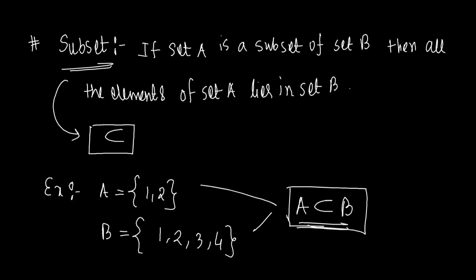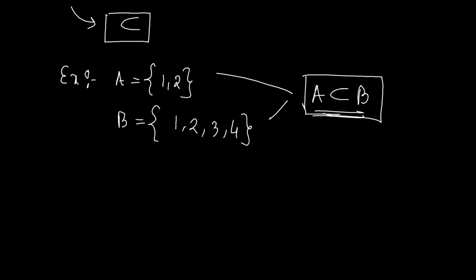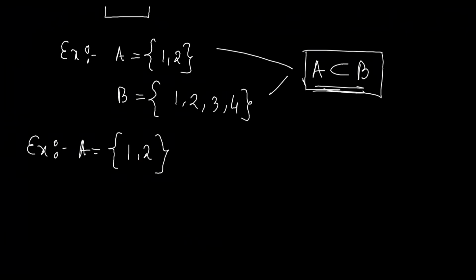Okay. Now, for example, A is a set, suppose 1, 2. What are the subsets possible?